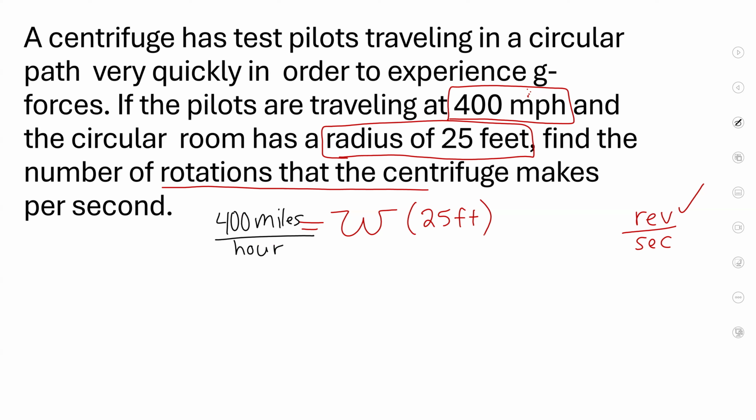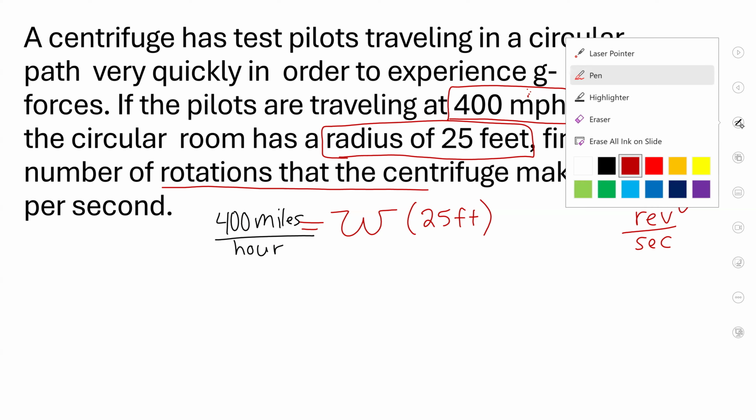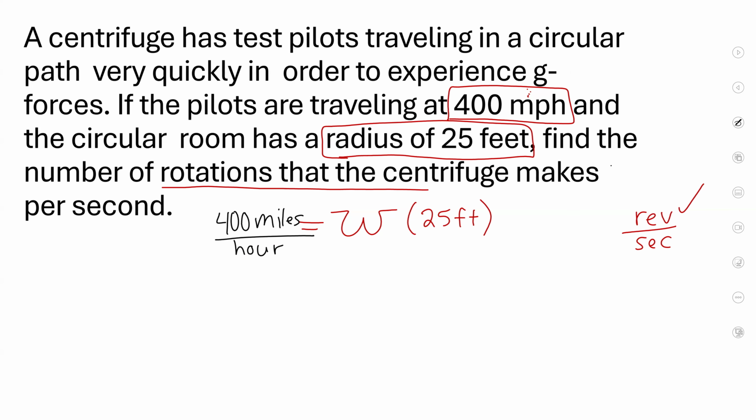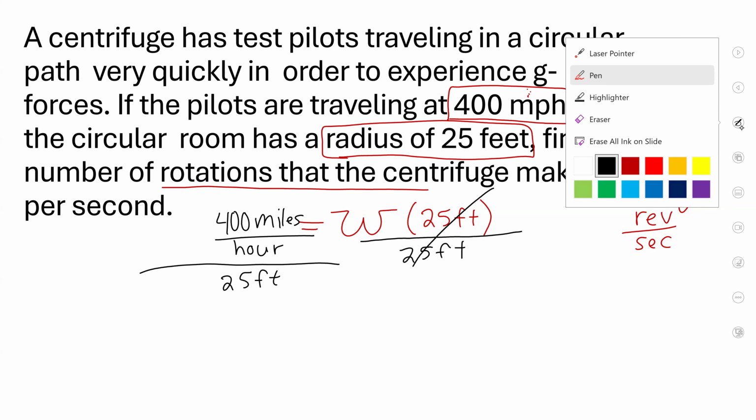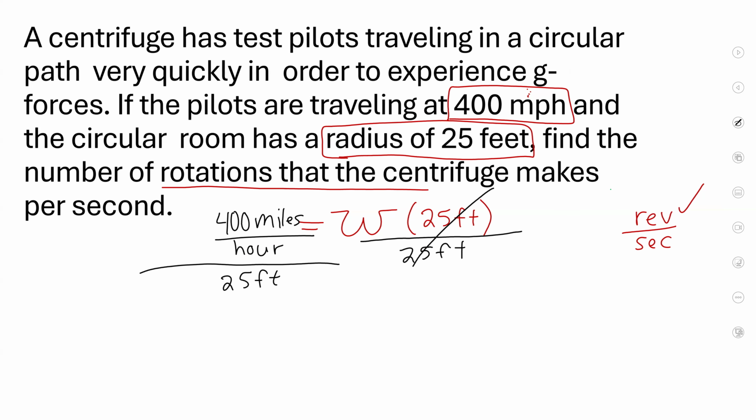And we want to solve for omega. So what I'm going to do first, go ahead and divide this by 25 feet. That cancels out. Divide this side by 25 feet. I'm going to do something that might help you visually.